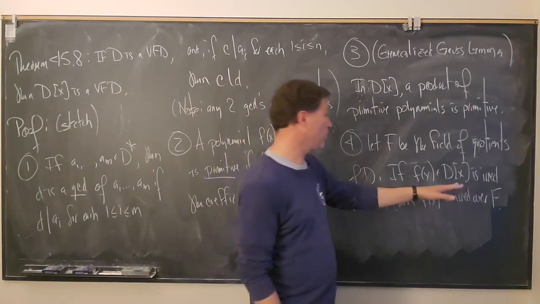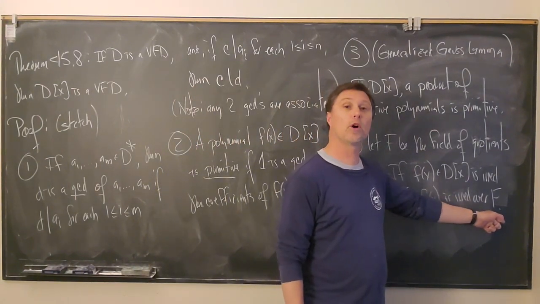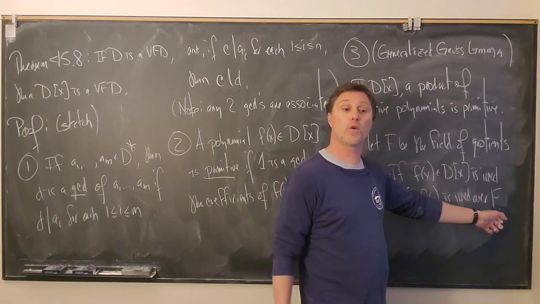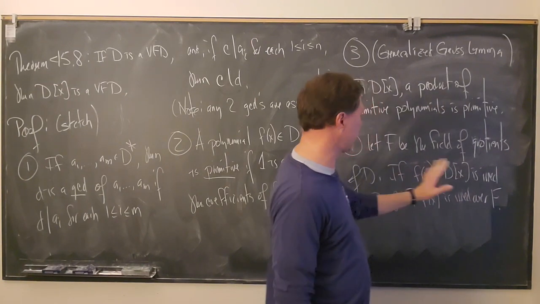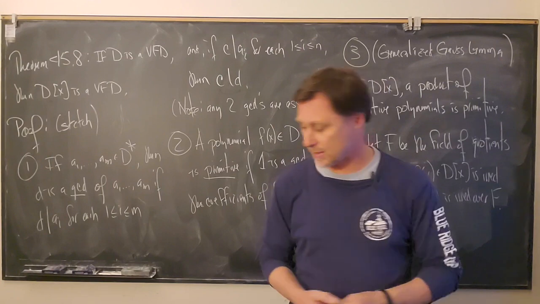If it's irreducible over the integers, then it's irreducible over Q, which is the field of quotients for the integers. So you can generalize the proof that we did in that setting.